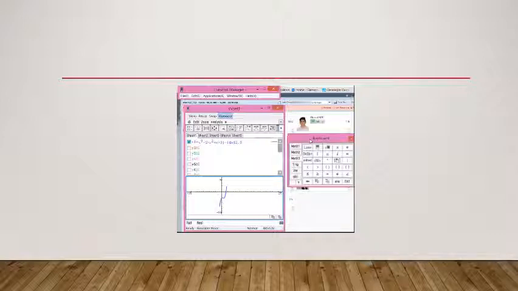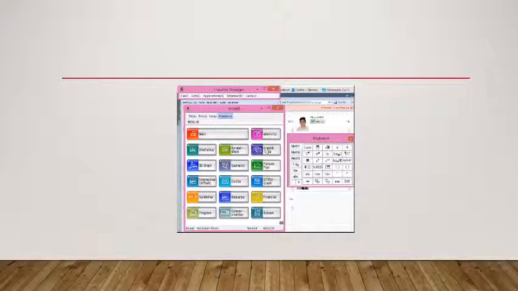Okay, what I need you guys to do is go into the graph and table here. Then I would like you to put that function that I've just put in there onto your calculator. So x cubed minus 2x squared plus x minus 3. But I need you guys to set a domain.